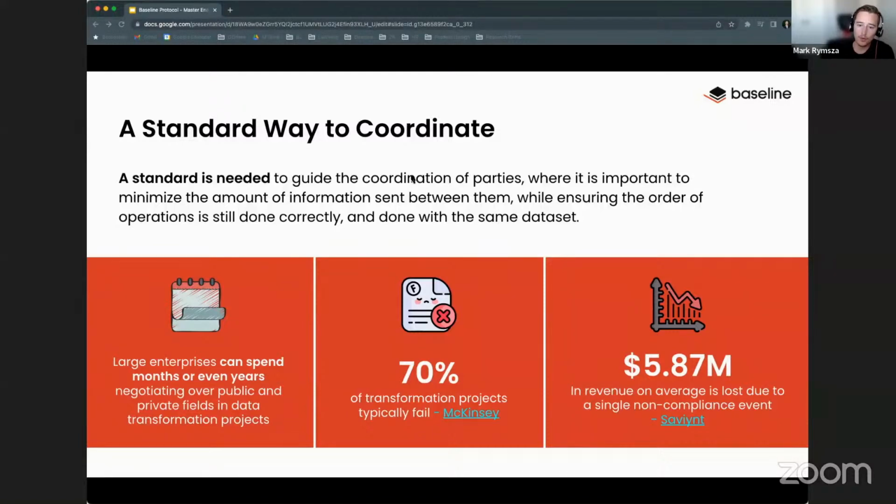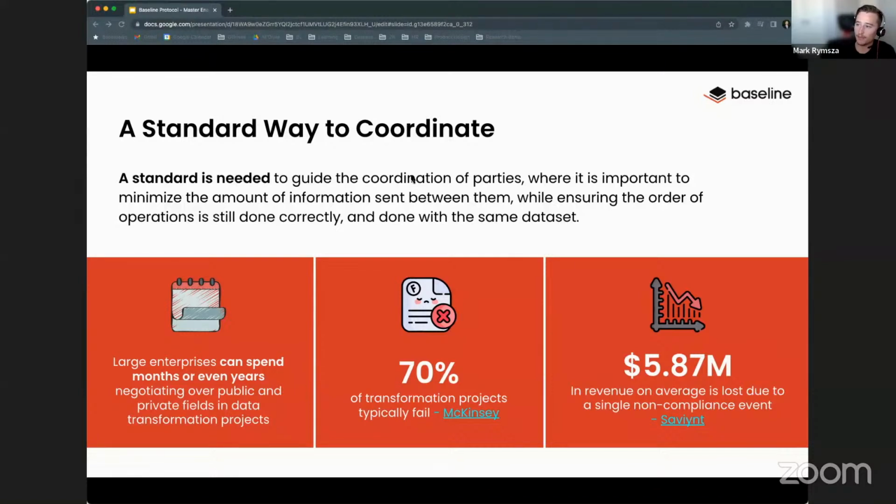We have a couple of stats on the bottom of the screen here that illuminate why this standard is needed. It's because lots of money is lost from any single non-compliance event that a company runs into. Another is that these transformation projects are very difficult.